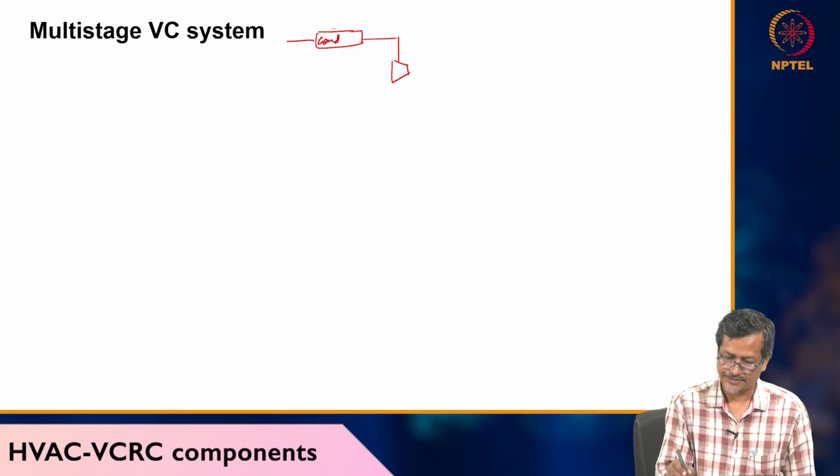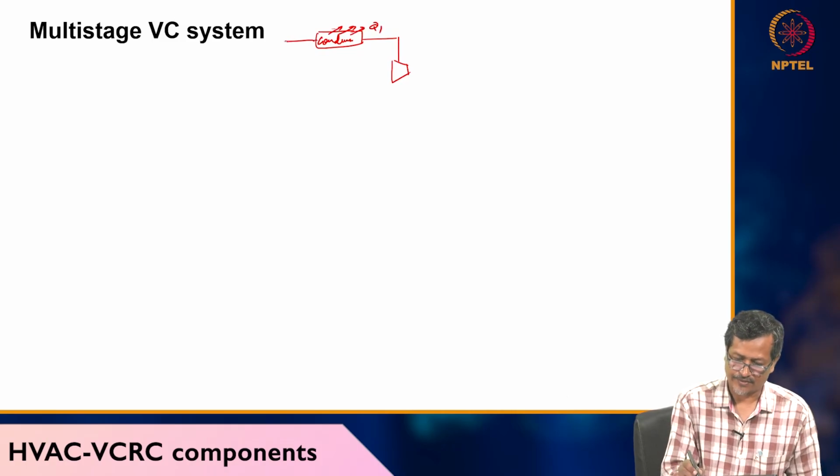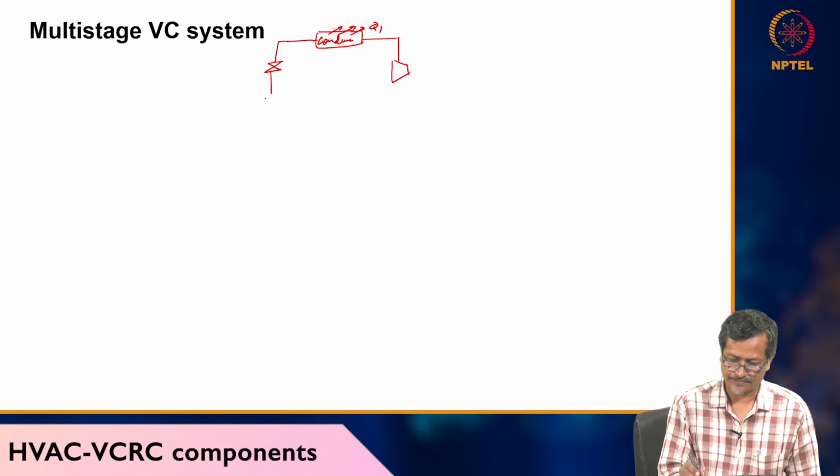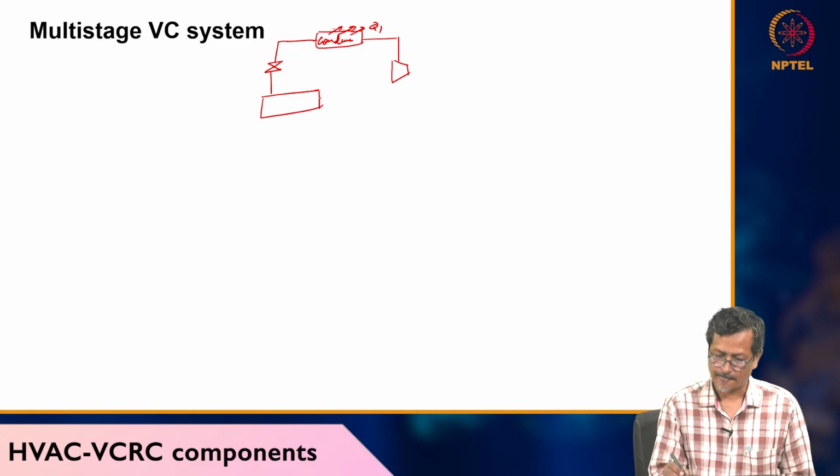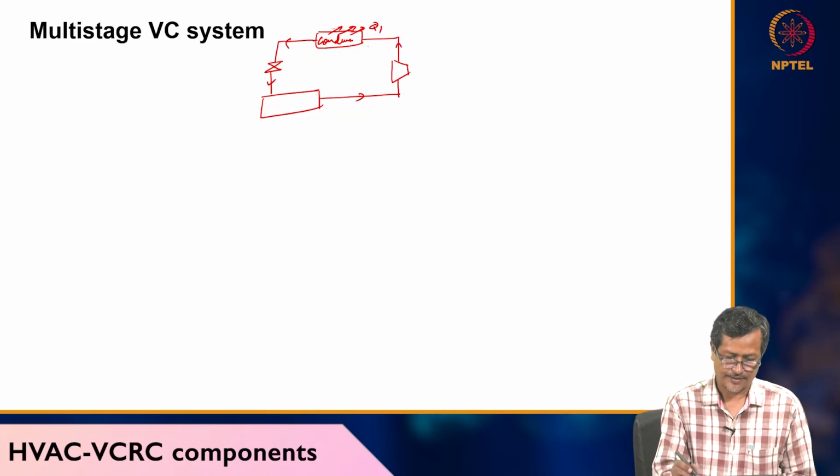This is the condenser releasing heat Q1, and after condensation the fluid goes to one throttle valve, then to one evaporator section. From the evaporator it goes again to the compressor. This loop you are already familiar with. Numbering I will put later.